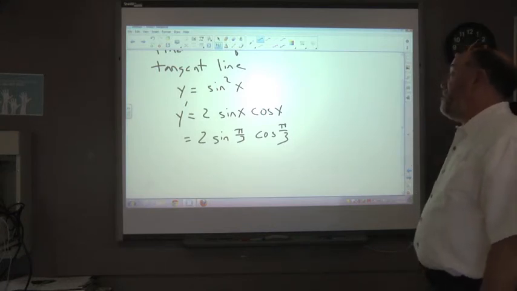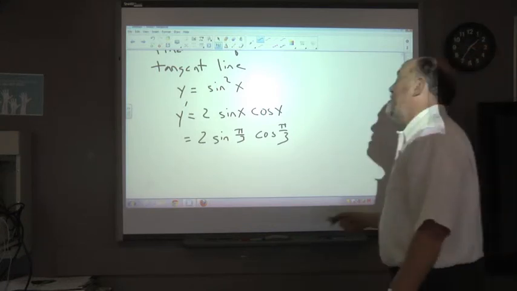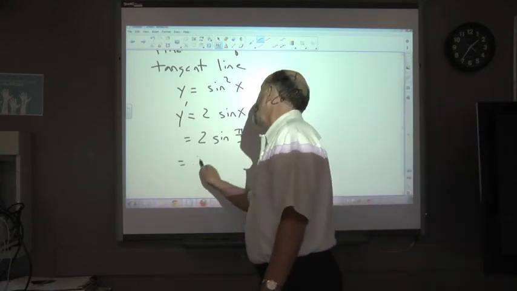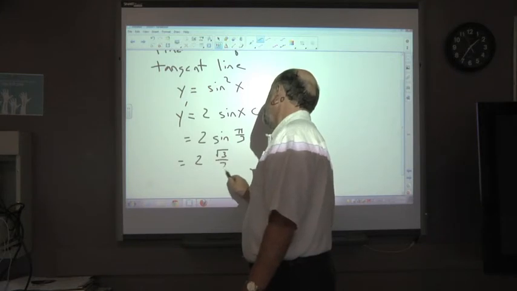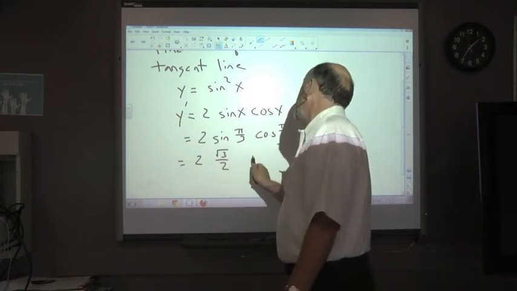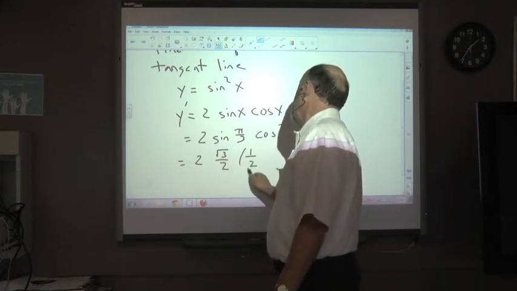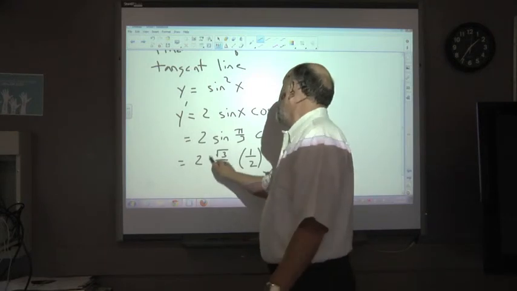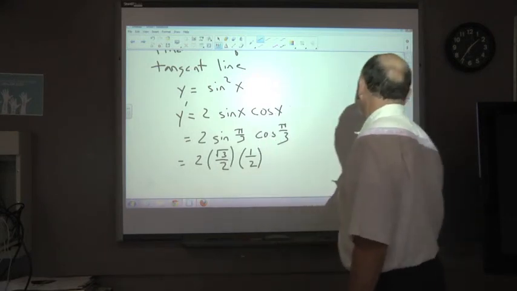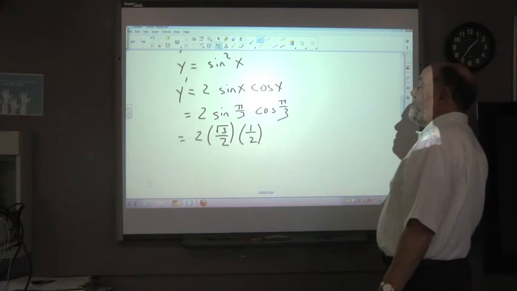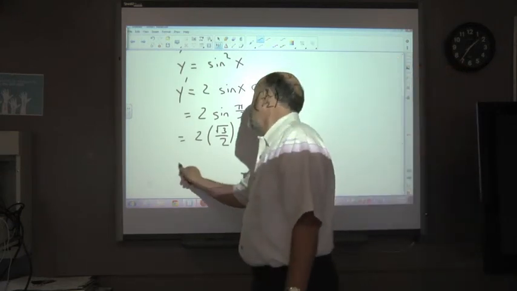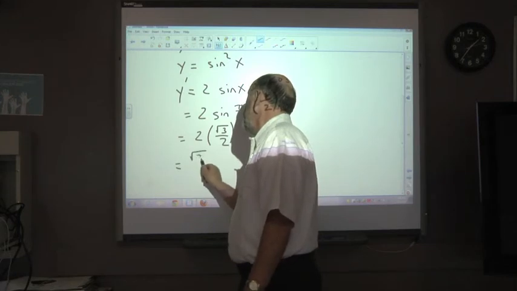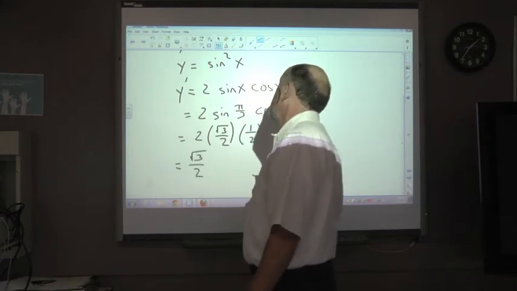So pi over 3 is also 60 degrees, and so this is going to be 2. This is going to be the square root of 3 over 2. Cosine will be 1/2. So we can multiply all these out. And we're going to end up here with the square root of 3 over 2.